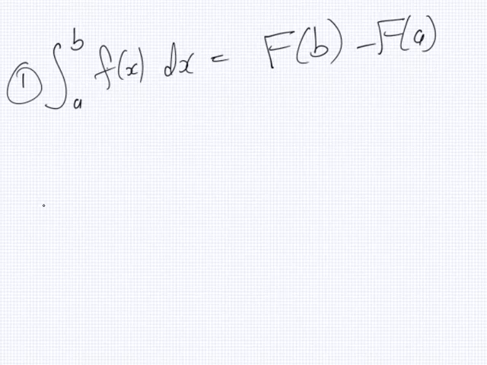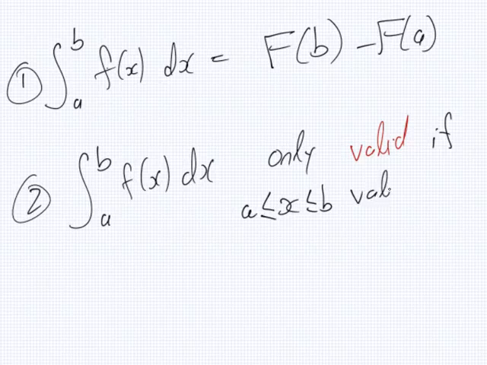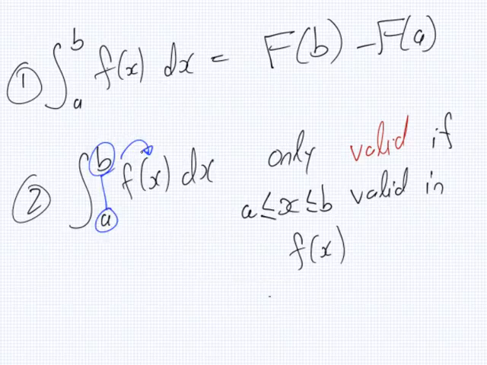And the second thing for this lesson is, if you integrate, this is only valid if x between a and b is valid in f(x). So as long as all the numbers from a to b can be put in, then we're good to integrate. These are the two extra rules for this class.